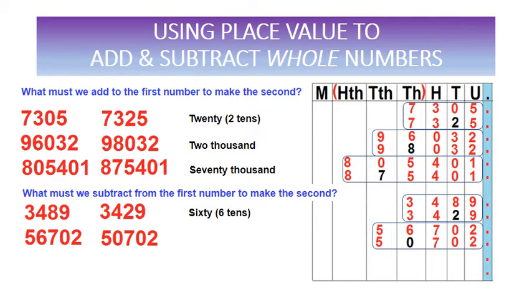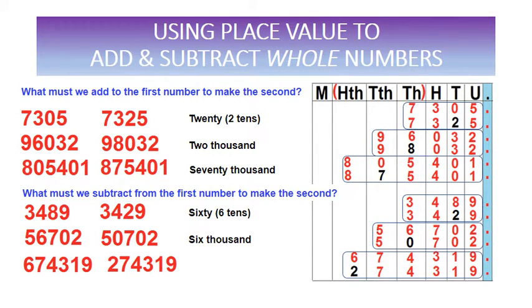Here the difference is in the thousands column, so we've subtracted 6,000. And the last one, the difference here is in the 100,000s column, so we've subtracted 400,000.